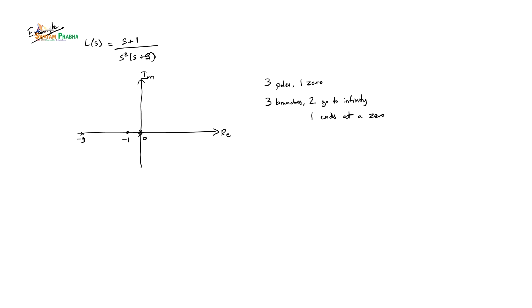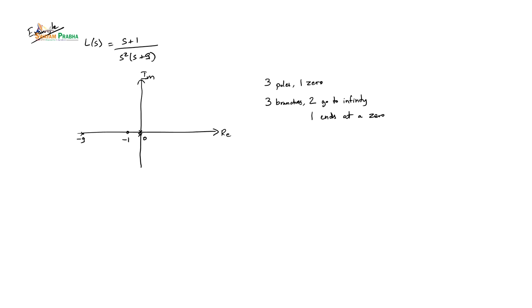So now we want to understand what part of the loci will be on the real axis. So if you see the positive real axis, you will see that there are no poles or zeros. So under those conditions, there will not be any part of the loci on the real axis.